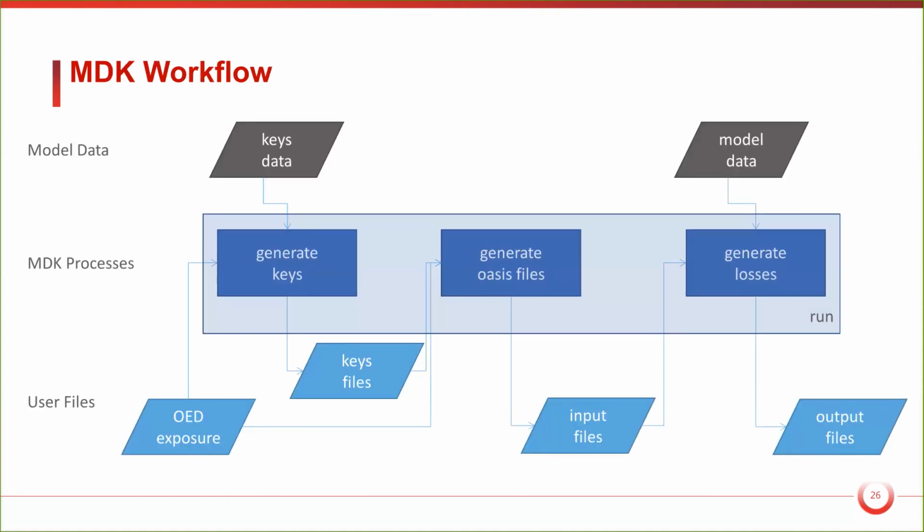The workflow itself, which might be new to you, but the general idea in running an Oasis model is there are two stages. One is preparing the data, and one is executing the analysis themselves, the full Monte Carlo simulations. So if we go through this from left to right, typically we will have some kind of exposure data, which we push into the system.